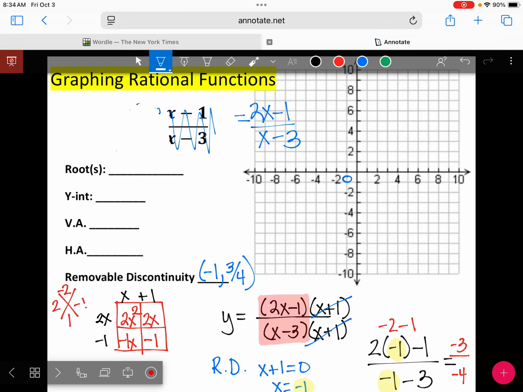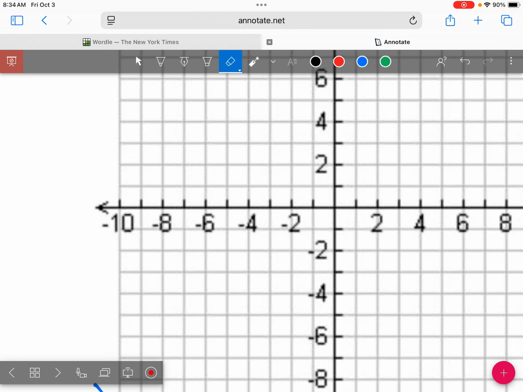I put it at -3/4, it's +3/4. Let me fix that. Okay, let me do that again. So -1, +3/4. So that's going to be about here. Thank you, Justice.